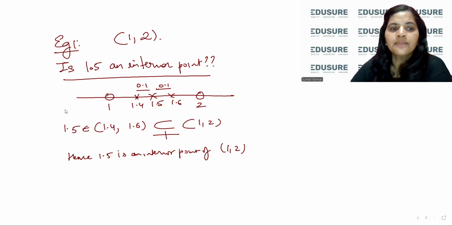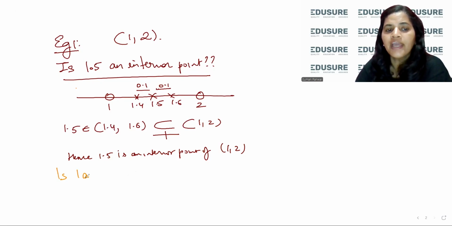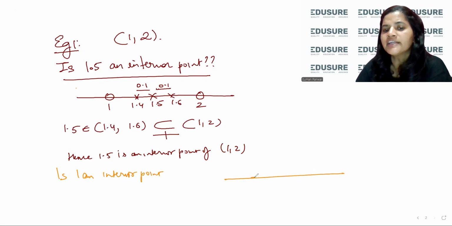Now, suppose somebody asks you in the same question, is 1 an interior point? Now, 1 is at the boundary. So no matter how small an epsilon you choose, 1 minus epsilon will be here, 1 plus epsilon will be here. There will be some part outside the set.